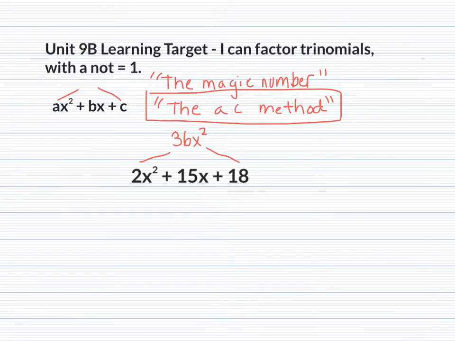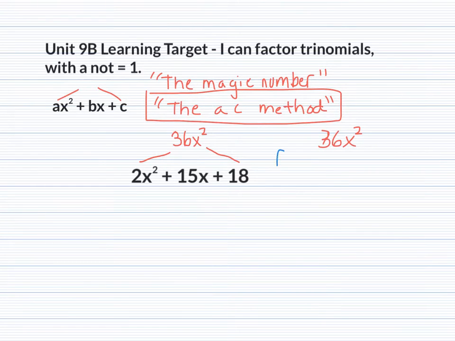The reason we have the x squared there is important, and I will show you that in a minute. But in the last part, we are going to find factors of 36x squared.